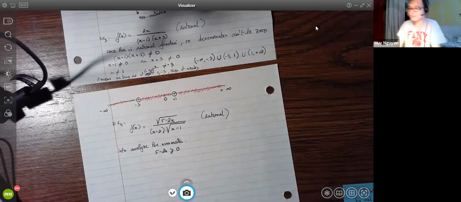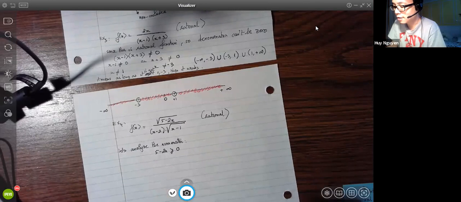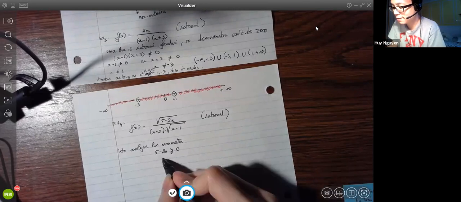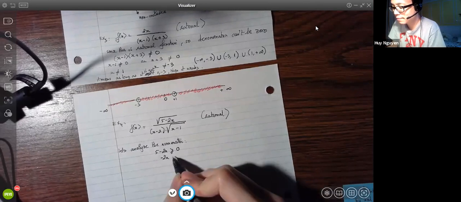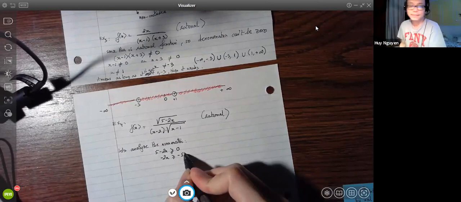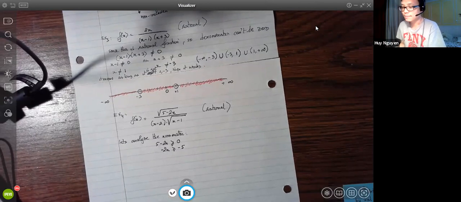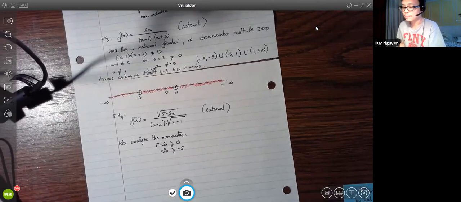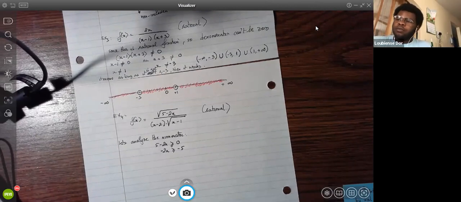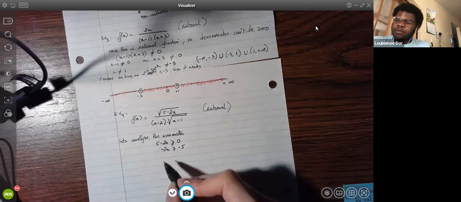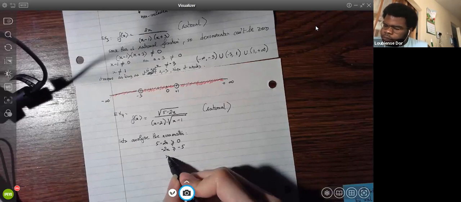And now it's easy to solve, right? Subtract both sides by 5. Then what next? Divide by negative 2.